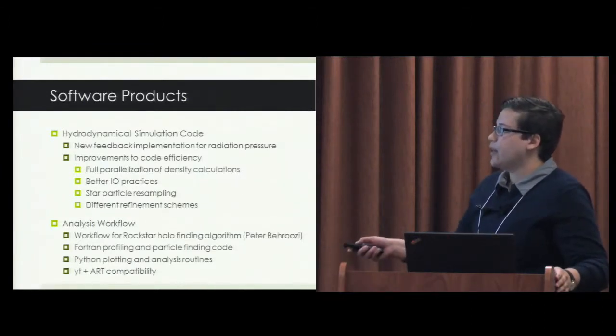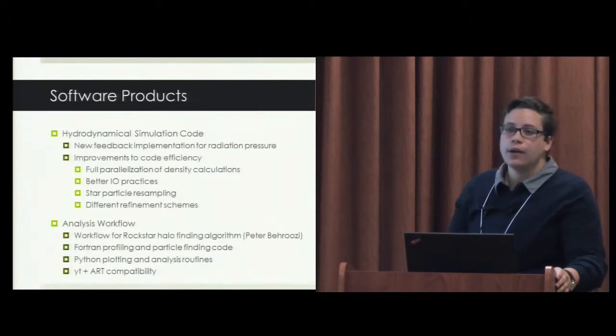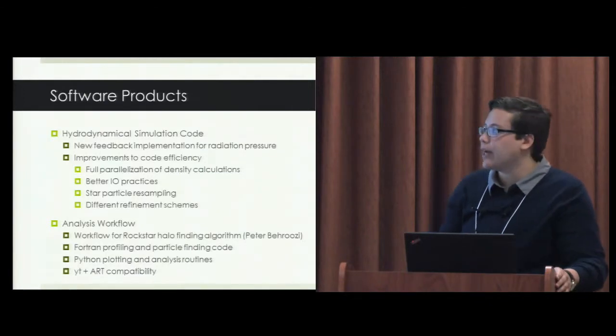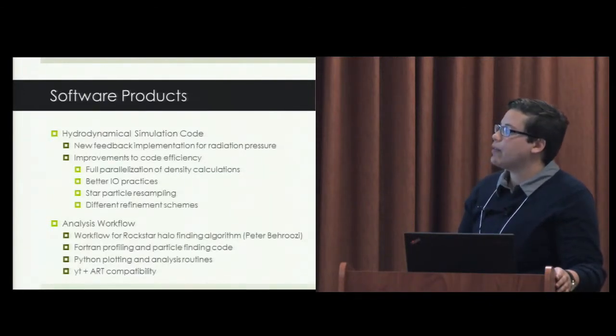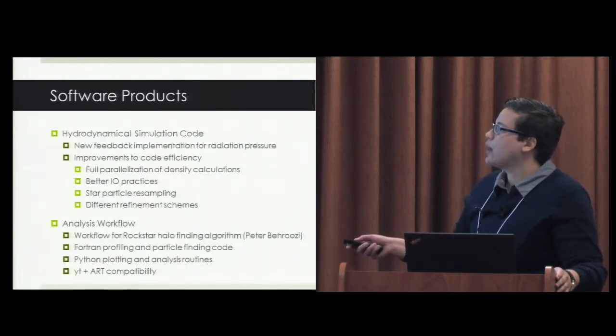That is a huge increase in the speed of our code, a factor of 10 or more depending on the number of stars that we actually create. We've also begun testing different refinement schemes. We're just beginning this work and so far we don't have any results, but it looks like that could be another factor of 2 or more.